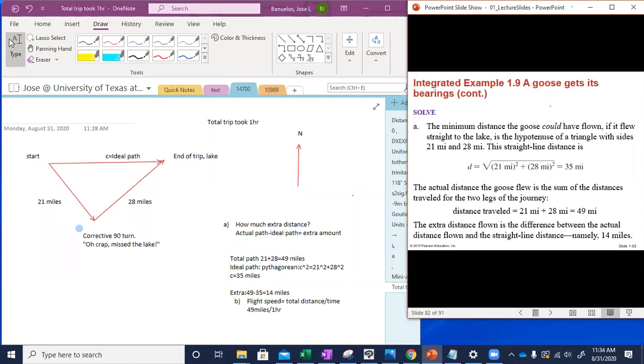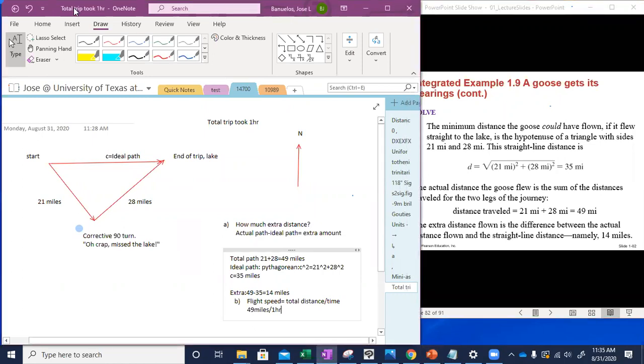You should be worried if your answer is like 2 miles an hour, because that's about as fast as a person can walk. And we know birds go faster than you can walk, so you would double check in that case, make sure you did it right. You should also be worried if the answer is like 300 miles an hour, because that's how fast airplanes fly, not a goose. If you had a 300-mile-an-hour goose, that'd be impressive, or he's doing some kind of trickery to fool you.